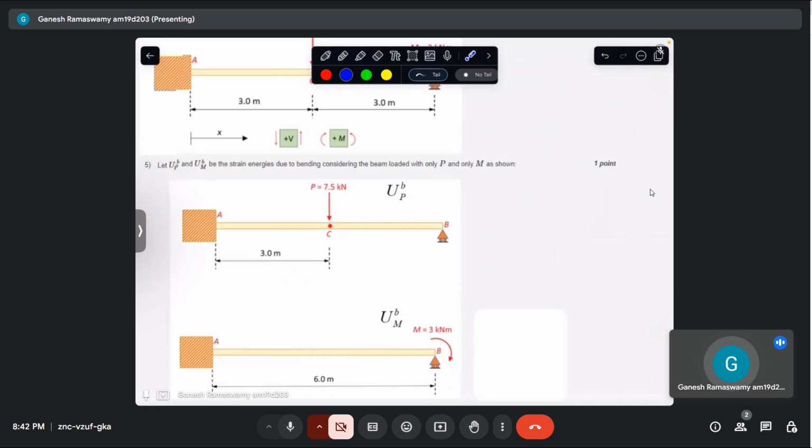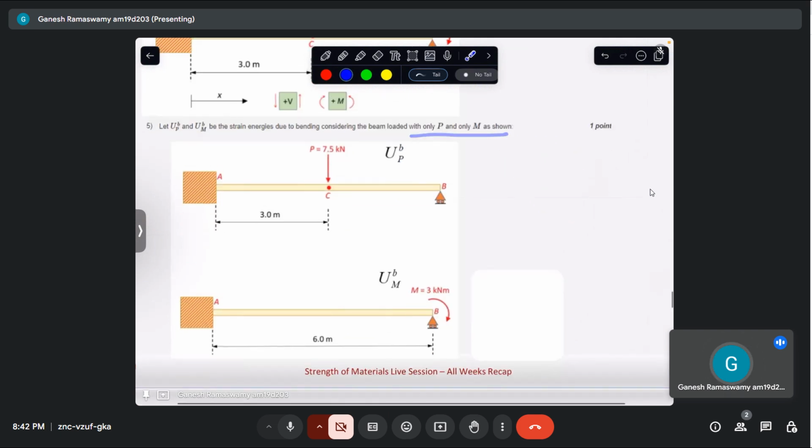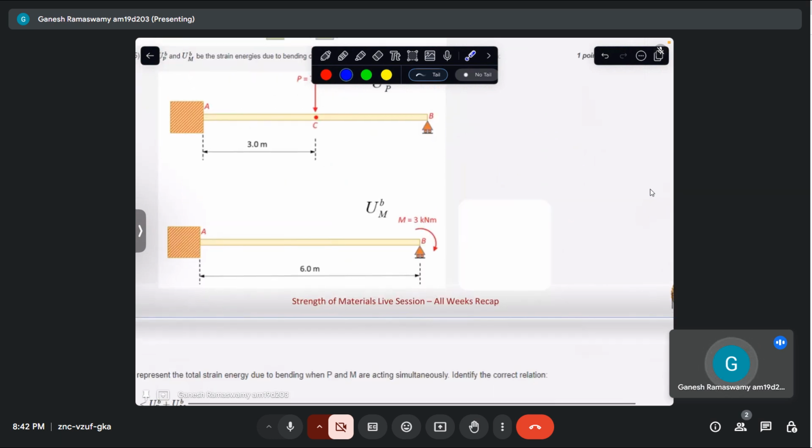So the first question says, let U_P bending and U_M bending be the strain energies due to bending, considering the beam to be loaded only with, that is, we have decomposed these two cases. Basically we are having only P applied first, and then only M applied.